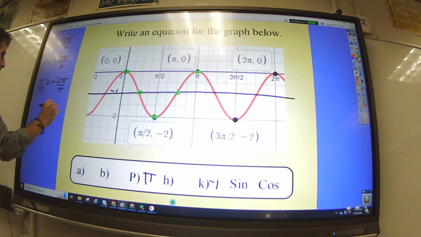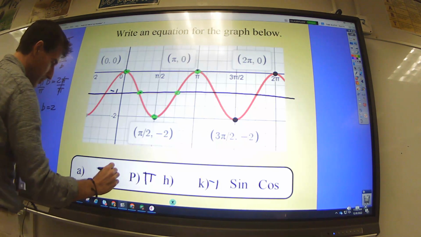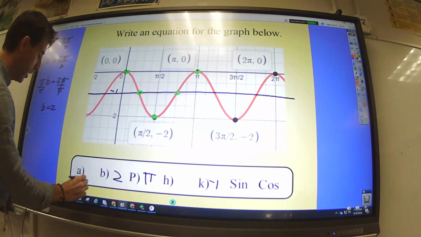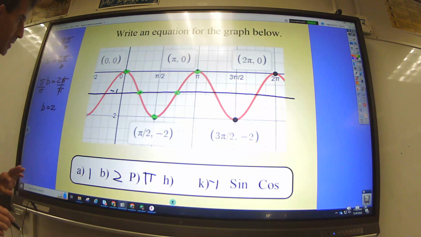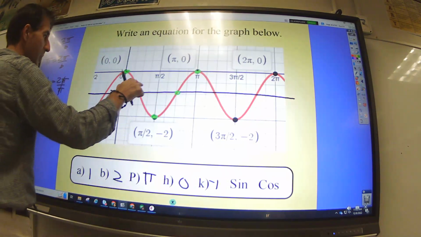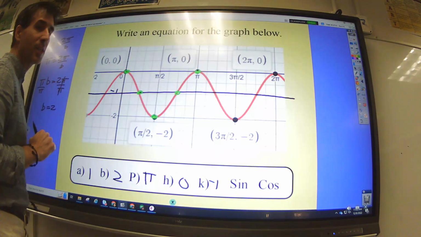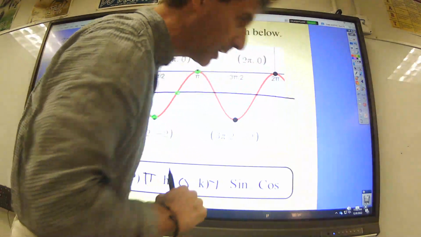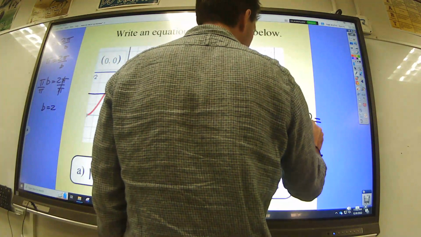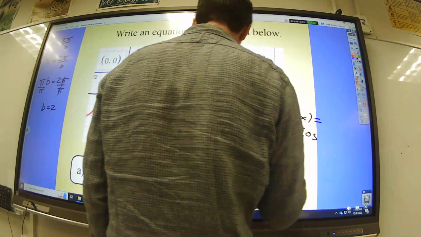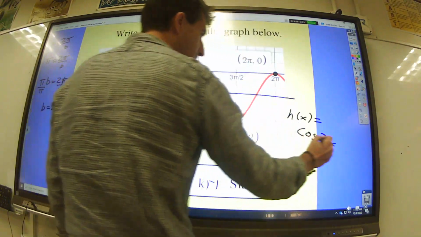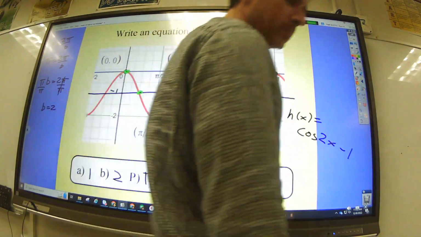B equals 2. My amplitude, I go up 1 based on the scaling, and my H is 0. I can see 2 and 4 are 0, so that is my cosine. So we'll say h of x equals cosine of 2x minus 1.